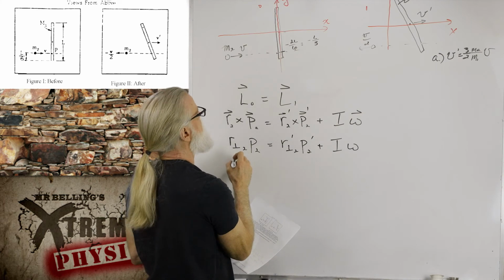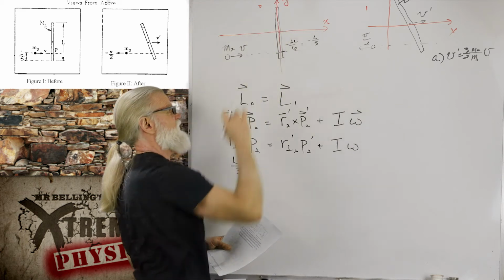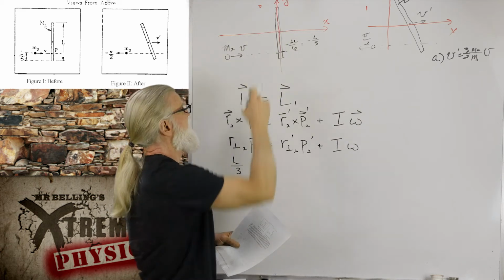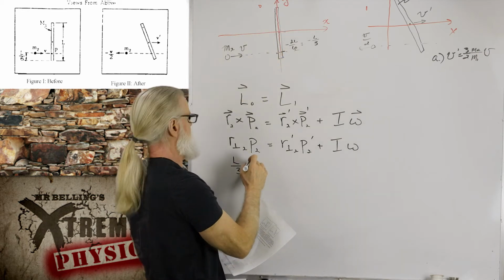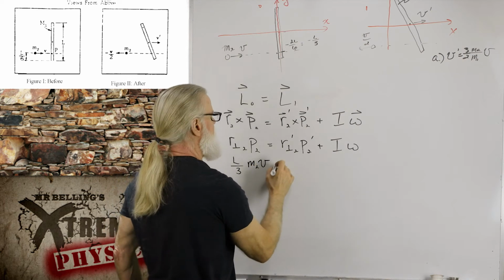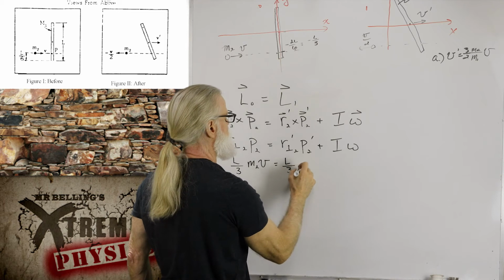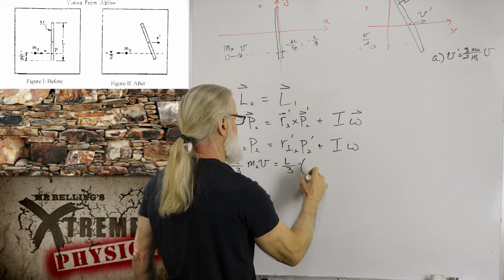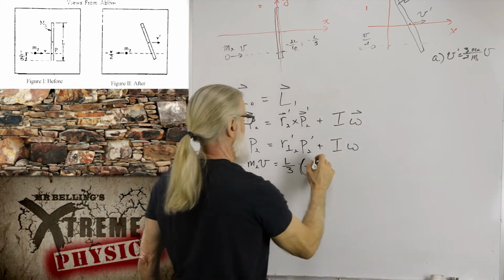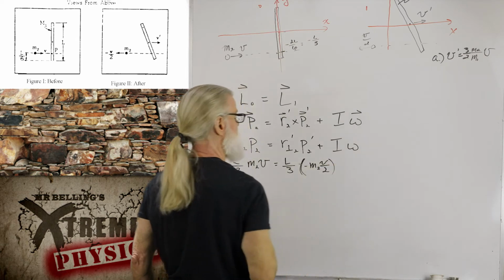So our perpendicular is L over 3. L over 3 is our perpendicular from the center of mass times m2 v equals L over 3 times negative m2 v over 2.